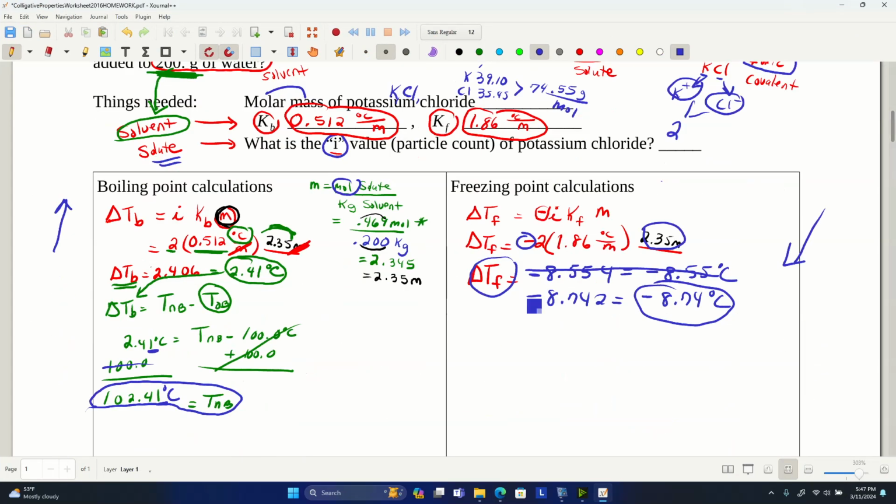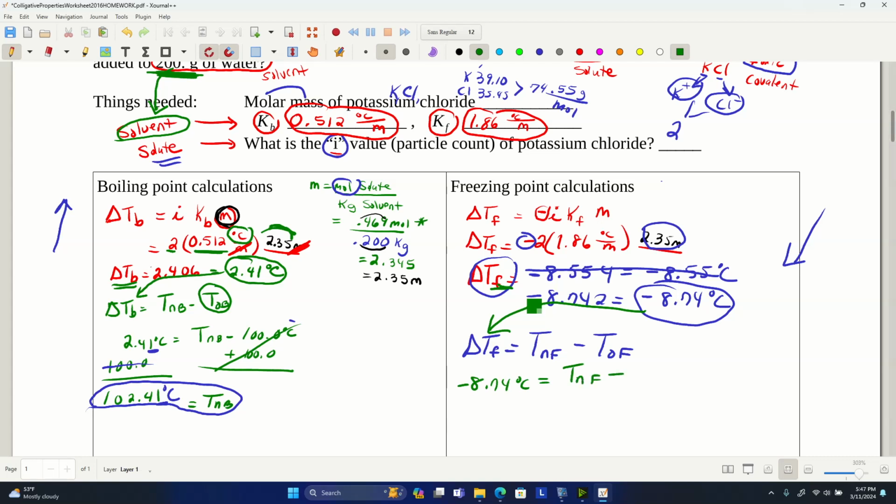So now I'm going to write the formula. Here we go. Delta T sub F equals the new freezing point minus the original freezing point. And so I take the value I calculated and put it in that spot, because that's what this is. Negative 8.74 degrees Celsius is the new freezing point.